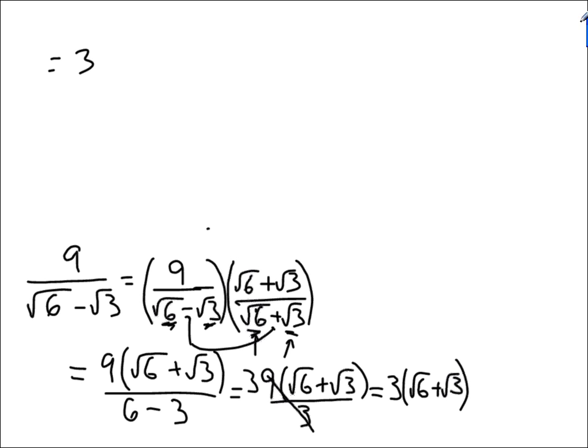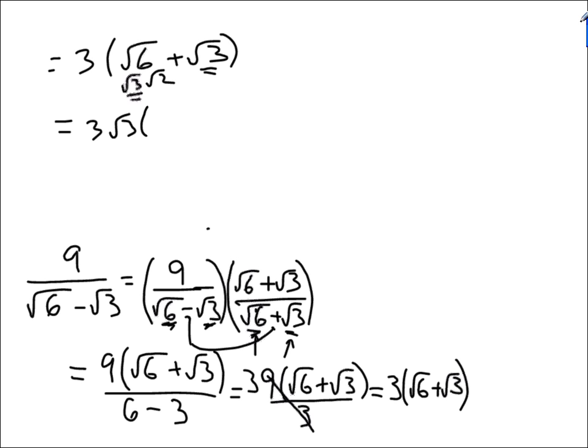So we have 3 times the square root of 6 plus the square root of 3. The square root of 6 is really square root of 3 times square root of 2. So when I factor out the square root of 3, what's left is square root of 2 plus 1. And there's a nicer way to write an answer. 3 square root of 3 times the square root of 2 plus 1.